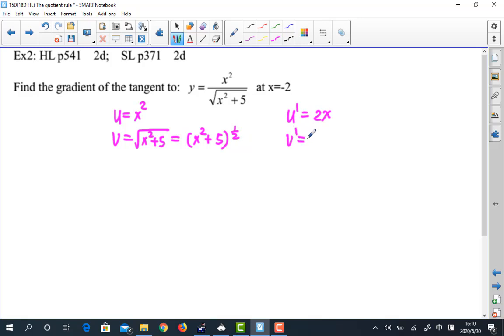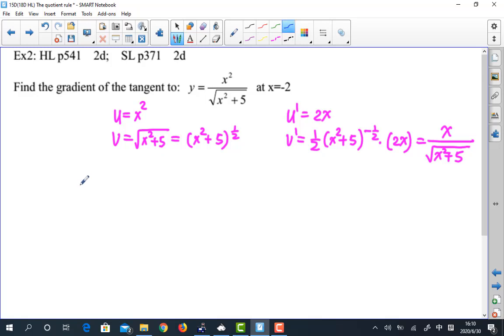And for v prime, we need to apply the chain rule again. So 1/2 times x squared plus 5 to the power of negative 1/2, the outside, then the inside, 2x. Simplify this expression. We can change this one to x. 2 and 1/2 can cancel out. So x over square root of x squared plus 5.